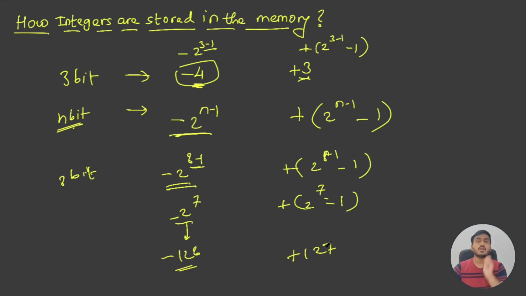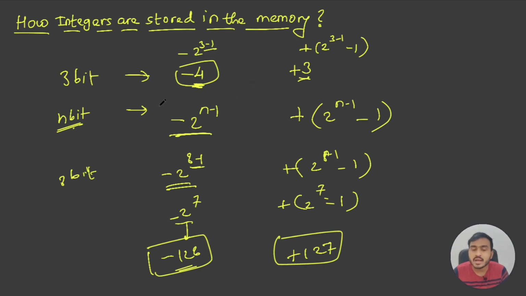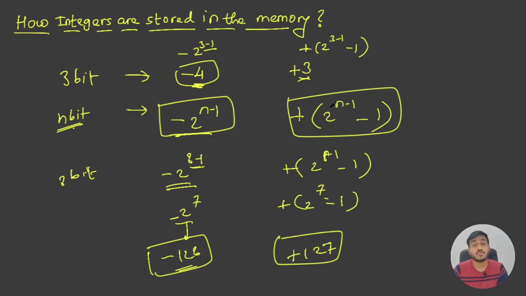So a variable of 1 byte size has a range of -128 to +127. In this way you can calculate the range of any variable. The generic formula for the minimum value is this, and for the maximum value is this. In this way you can get the range of literally any variable. In case of an integer, n is going to be 32.